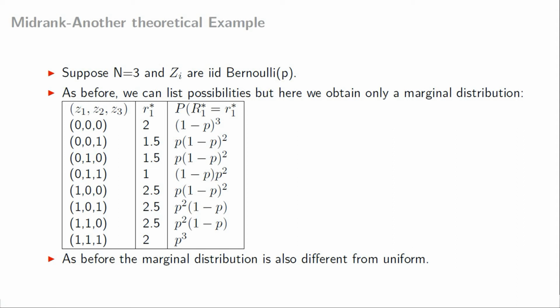Here also we find that corresponding to the realization (0, 0, 0) of (Z1, Z2, Z3), we have the value of R1* as 2 with corresponding probability (1 minus p) whole cube, and when we have observations (0, 0, 1) for (Z1, Z2, Z3), we get the corresponding probability as p into (1 minus p) whole square, etc. Actually, for n equal to 3, if the underlying distribution is continuous, the possible values of a rank are 1, 2 or 3, but in this case we have the possible values 1, 1.5, 2 and 2.5, and it is natural that the marginal distribution is different from discrete uniform.